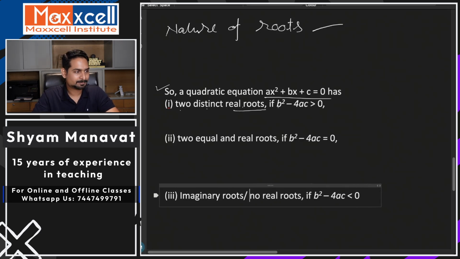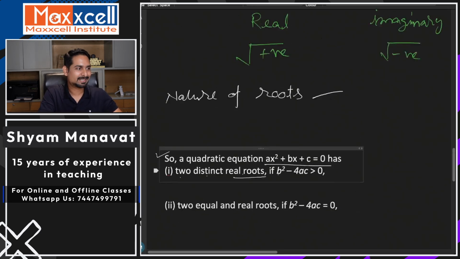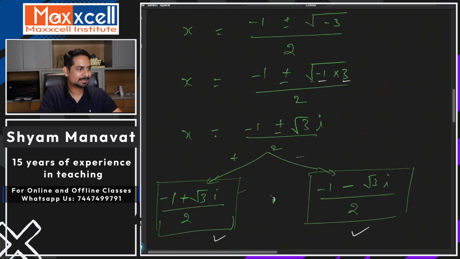Both are the same thing. If it is not real, it is imaginary. So if b square minus 4ac is less than 0, it is negative. What if this is equal to 0? Now think about it. This term is not there at all. Look at this.